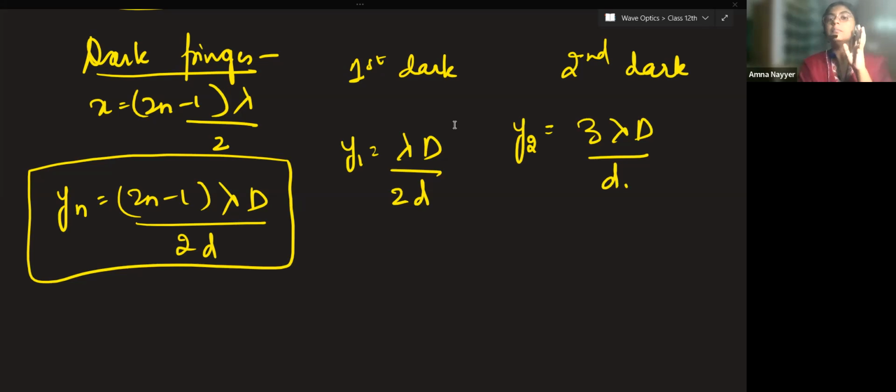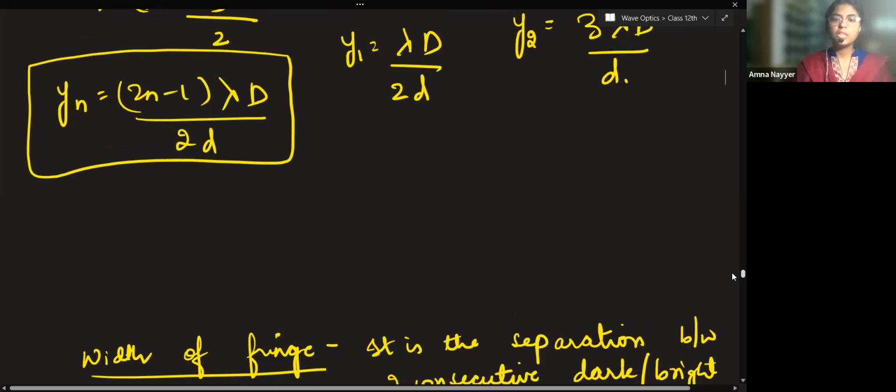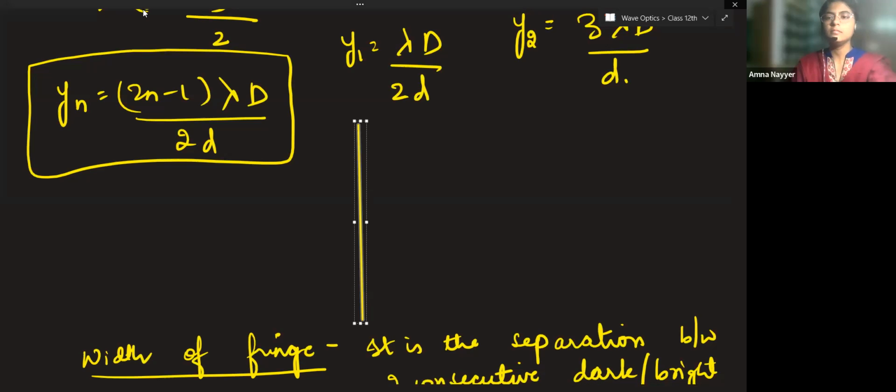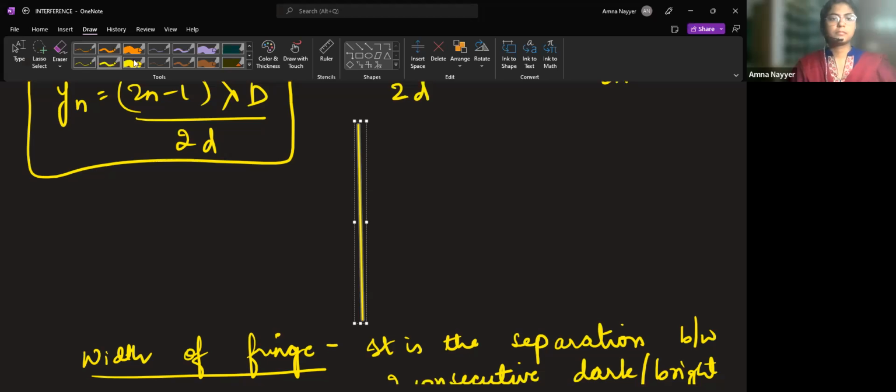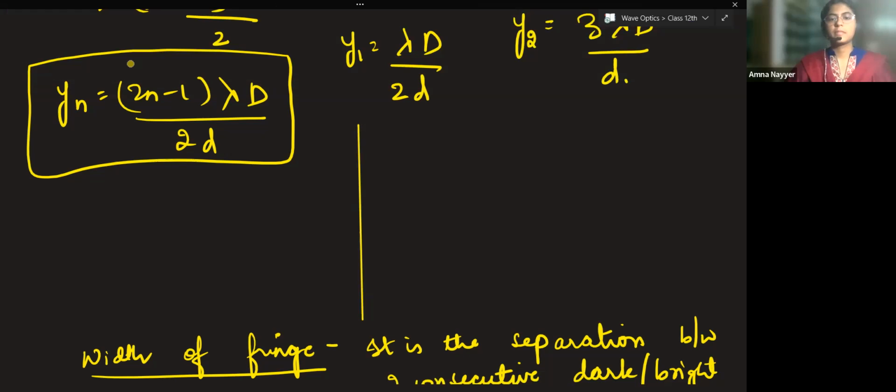Now, what is the meaning of this? What have we understood? Just a quick summary of what we are actually trying to figure out. See, at the center, the fringe that I am obtaining is the central bright fringe.